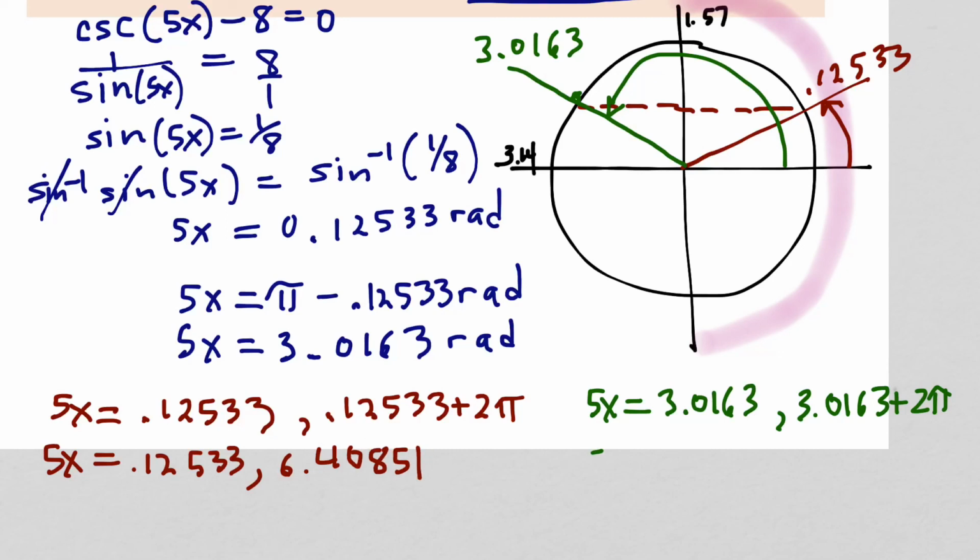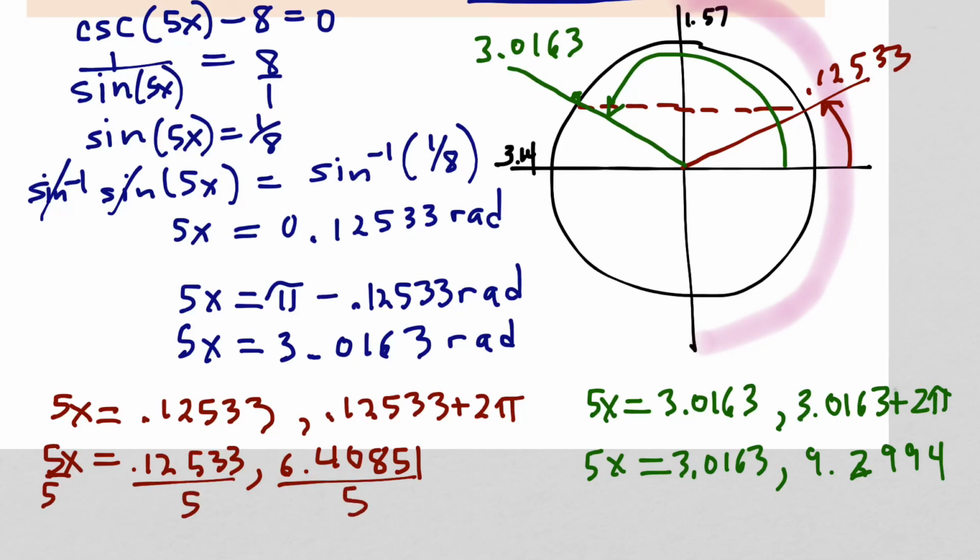And then over here, I've got 3.0163, and adding 2 pi to that, I'm going to get 9.2994 radians. Okay, so the last thing to do is to divide by 5.